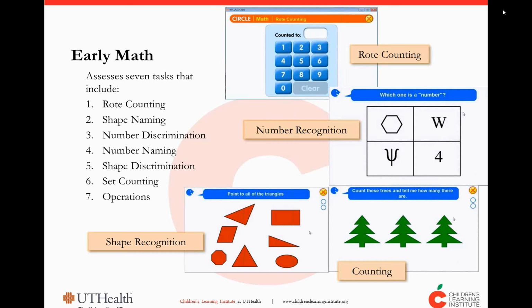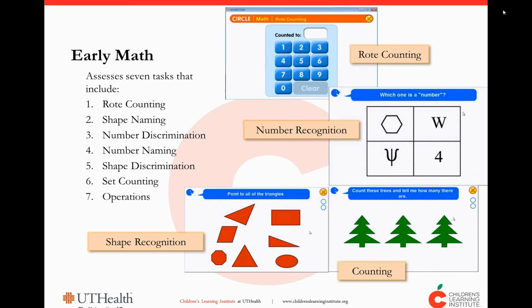The early math also includes 7 subdomains: rote counting, shape naming and shape discrimination, number discrimination and naming, set counting, and operations. Operations, the example I showed you before, if you have 5 butterflies and 2 fly away, how many do you have?